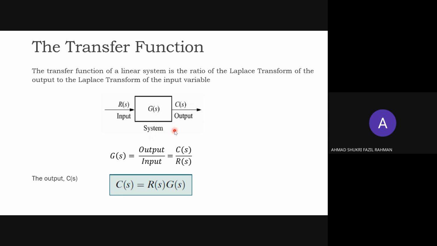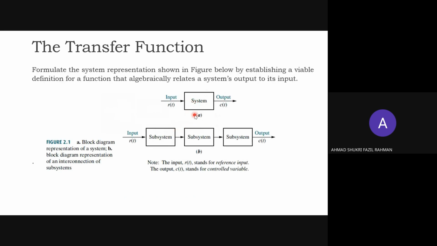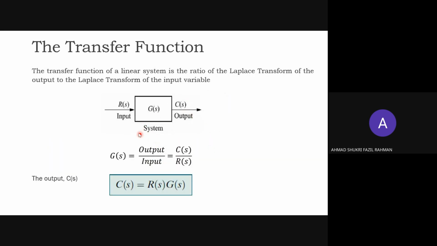Referring to figure A, you can see this is the common representation. I think you already learned this last Monday. Basically, G(s) is the typical representation of a system: capital G, then open and close brackets, and inside the brackets is a small case s.